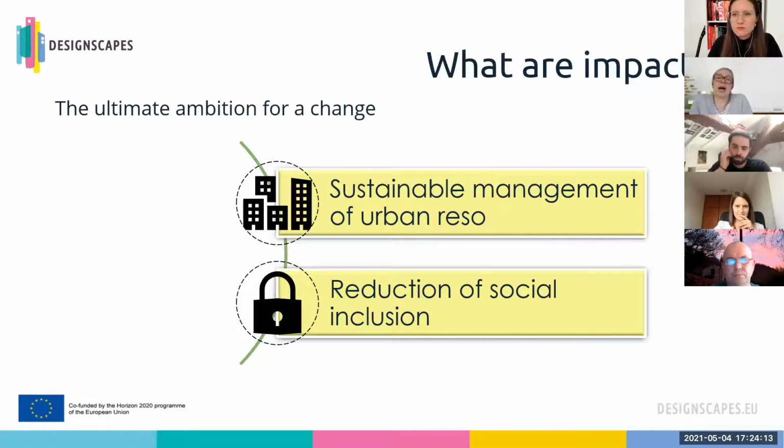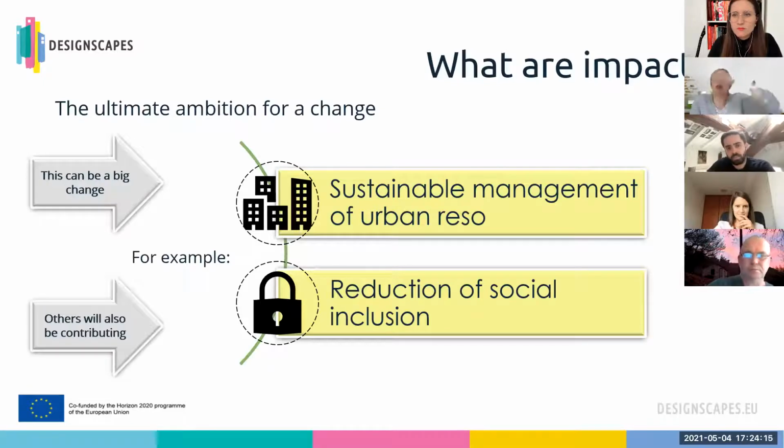Impacts are really the big societal changes that we're looking to achieve. So they tend to be quite big. For instance, there might be changes in the sustainable management of urban ecosystems. Or a reduction of social exclusion problems, or an increase in participation of people who are facing disadvantages.